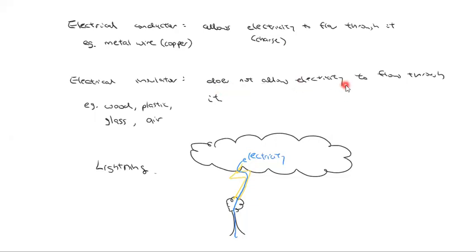Typical examples would be metals for conductors, and things like wood, plastic, glass, air for insulators. As situations like lightning demonstrate, just because insulators provide a high resistance to flow doesn't mean they can't flow. It just means it's harder for it to do so, and so under sufficiently strong circumstances, it will still flow.